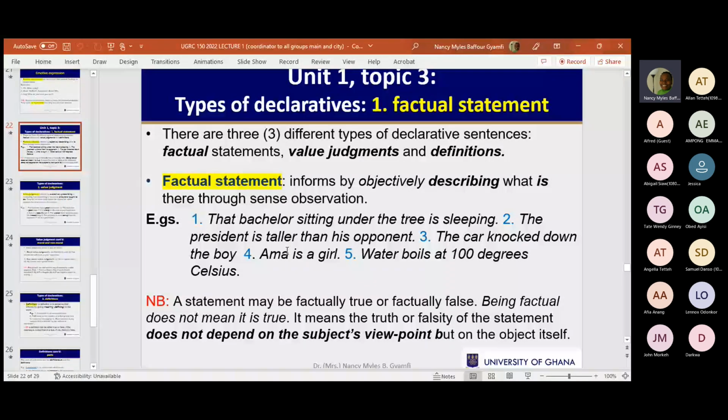But if I said Yaya is more beautiful than your former wife, beautiful is also an adjective, but it is not objective. It depends. What I think beautiful is long hair, another person thinks it is short hair. That one has a value connotation to it. That's the difference. So not all adjectives in a statement make them value judgments.